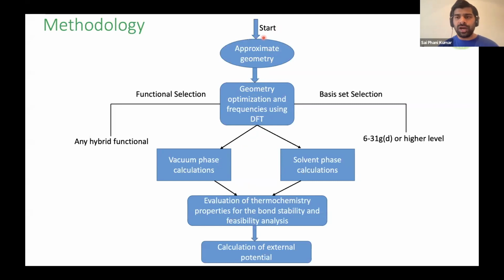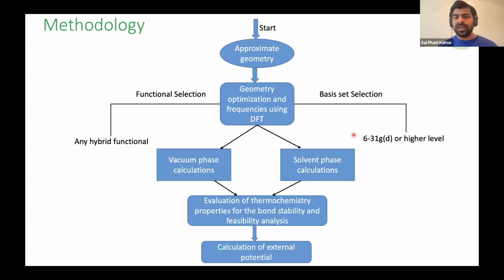The overall idea is to start with an approximate geometry, which is then used as input for geometry optimization and frequency analysis using density functional theory. The main aspect of density functional theory is choosing the proper functional; we can choose any hybrid functional.